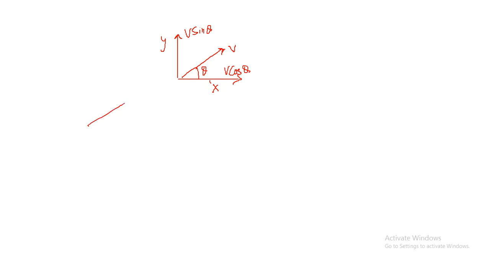Similarly, if there is a set of vectors v1, v2, up to vn, and the angle between two is not equal to 90 degrees, it means they are correlated, sharing redundant data, because v2 cos theta may be contributed toward v1.